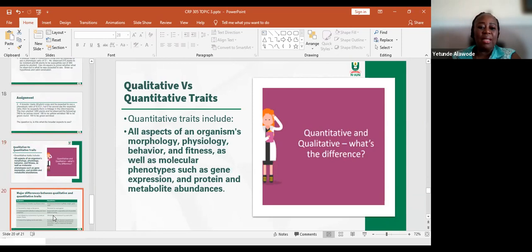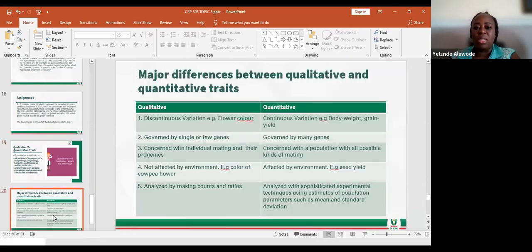There are differences between qualitative and quantitative traits. There are 5 differences here. Qualitative traits show discontinuous variation. Quantitative traits show continuous variation, like body weight, grain yield, and so on.